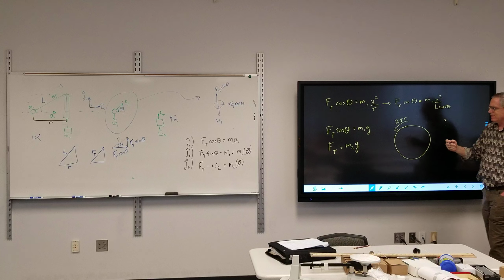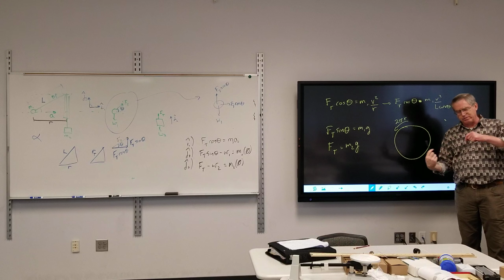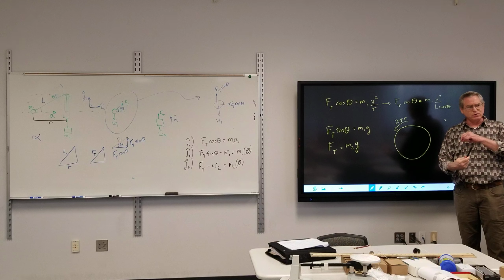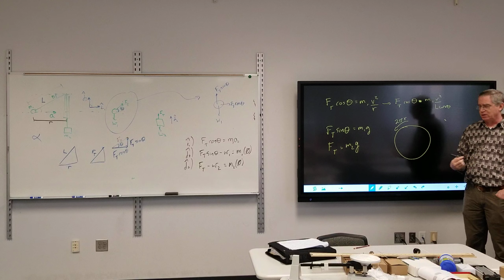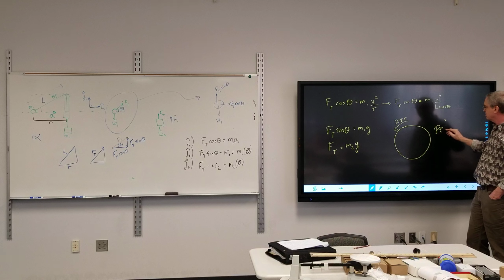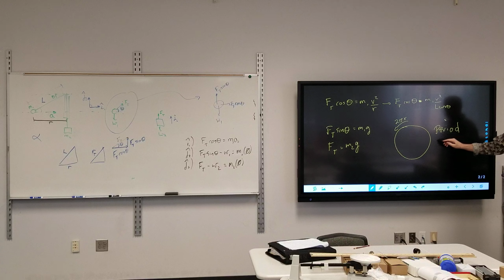The time it takes for something in repetitive motion to occur once is called the period, the time for one cycle of repetitive motion.